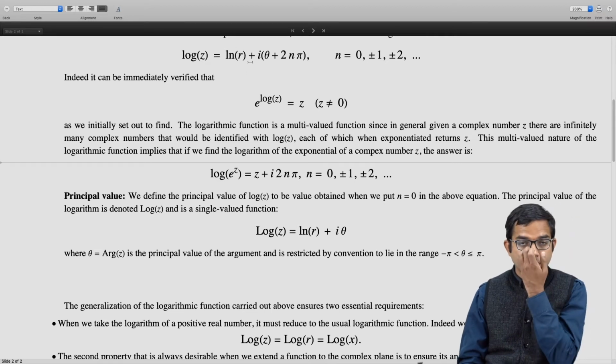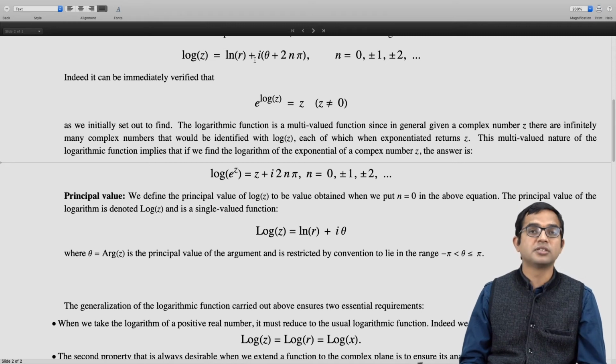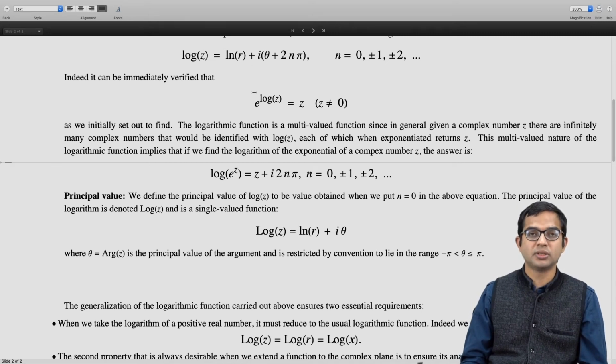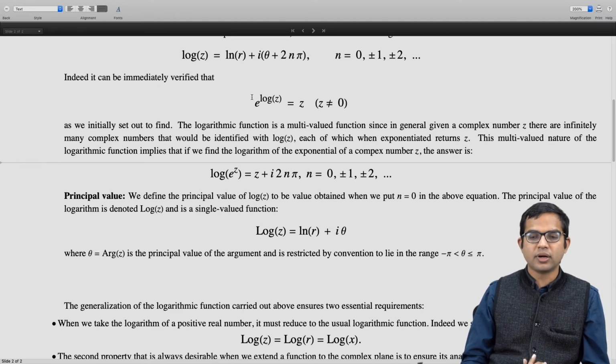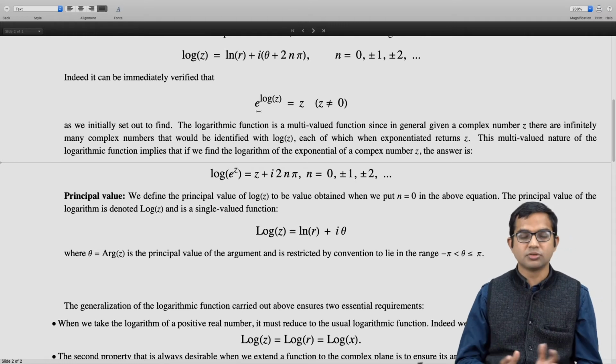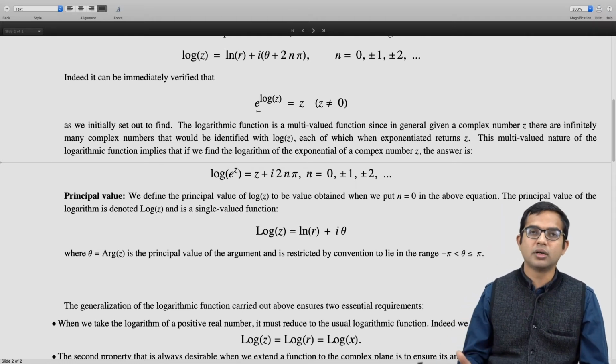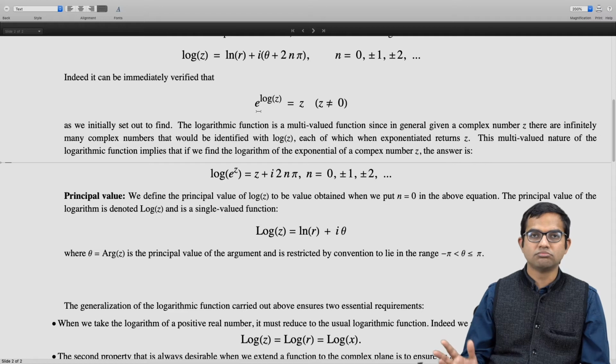There is no imaginary part that we associate with the log of a positive real number, right? But if you look at the small log, the generalized notion of the log will actually be multi-valued for any complex number z, right? So this is something worth emphasizing.